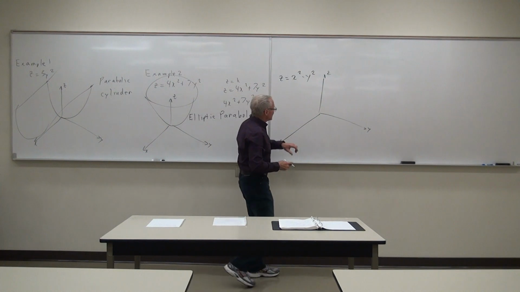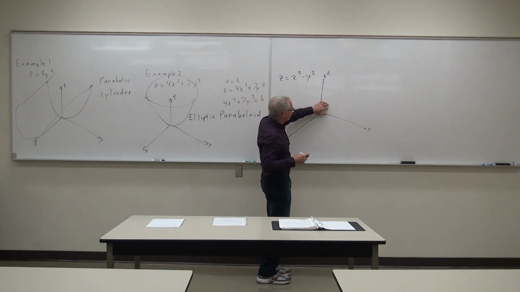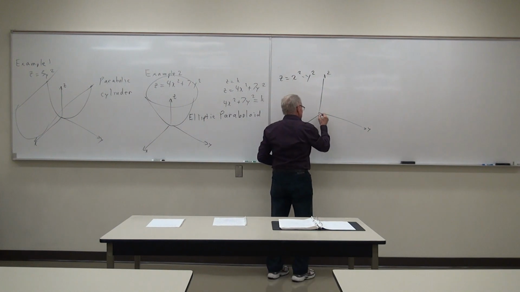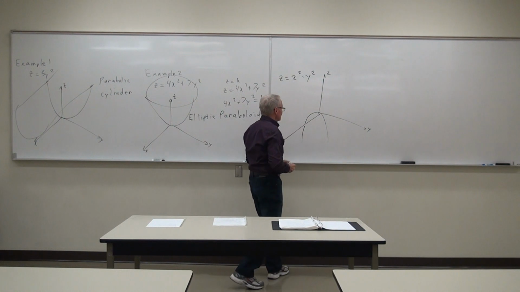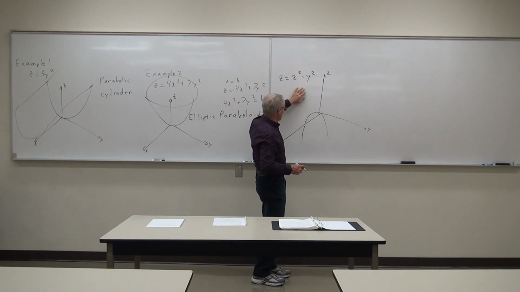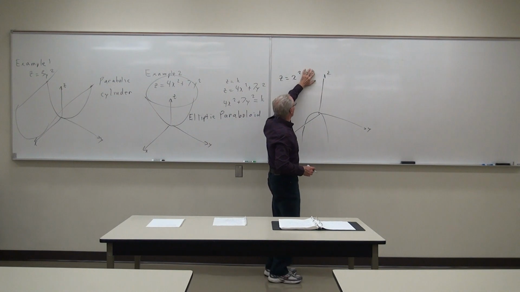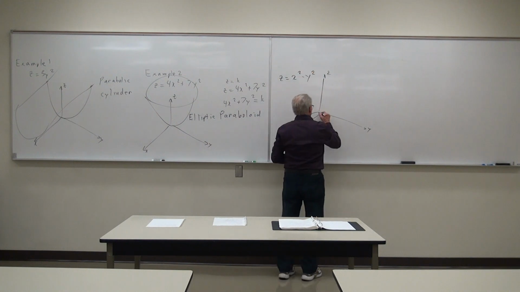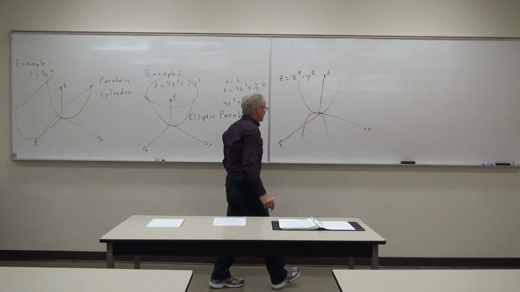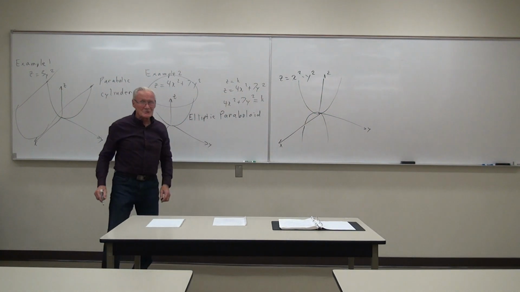If we cross-sect it with the YZ plane, you put x equal to 0. That gives you a parabola that opens down. So visualize that's in the YZ plane, right? Parabola opening down in that plane. Then if you cross-sect it with the XZ plane, you put y equal to 0, and you get a parabola that opens out. So those are those two parabolas.